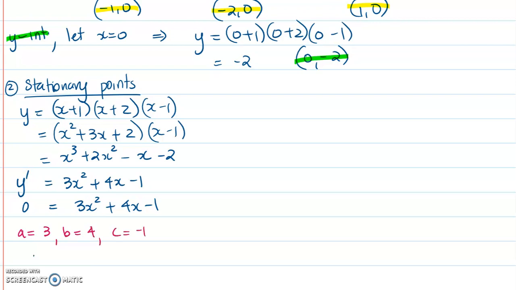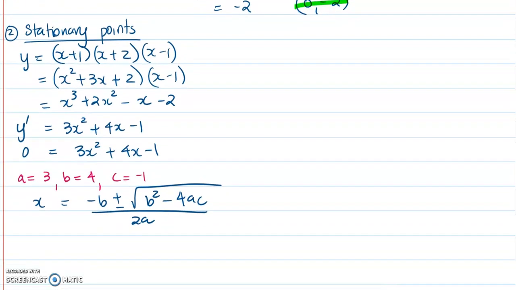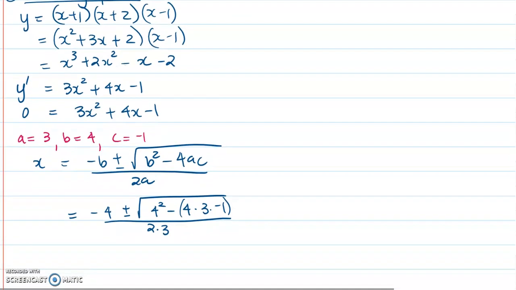So therefore, x is equal to minus b plus or minus the square root of b squared minus 4ac over 2a. If we sub all of that, that's negative 4 plus or minus the square root of 4 squared minus 4 times 3 times negative 1, over 2 times 3.